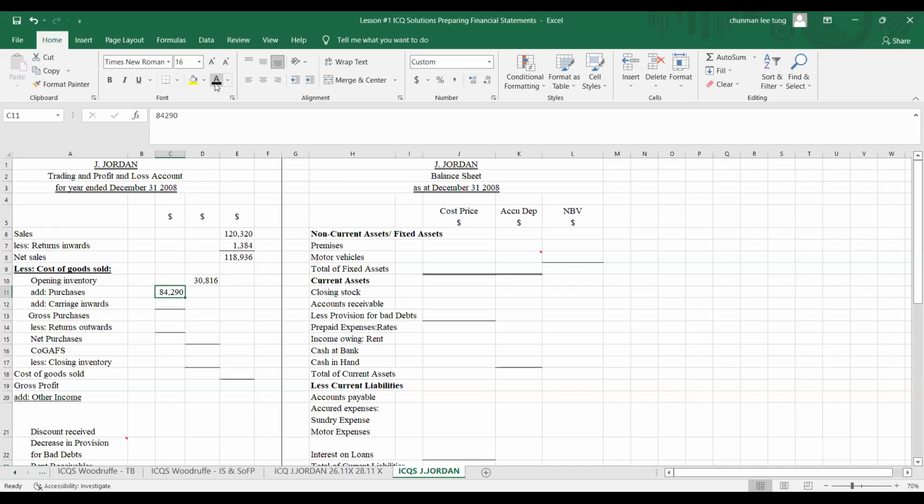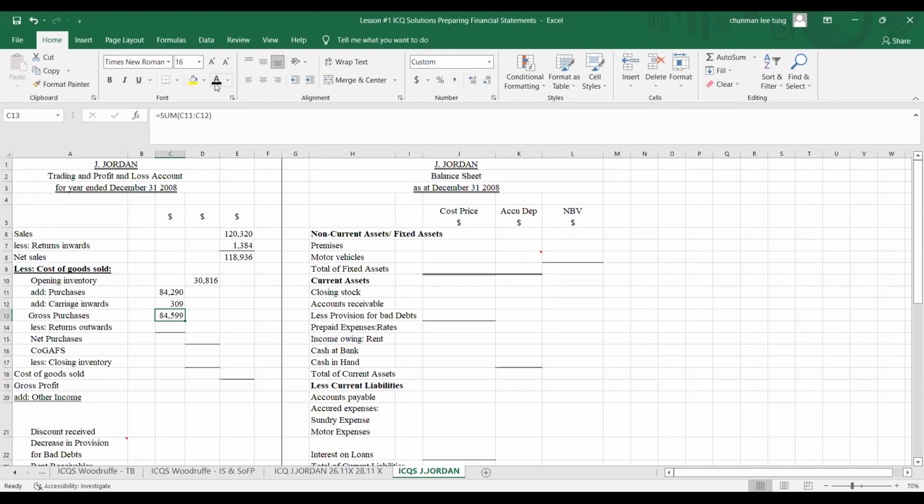Good. 309. And then we will add these two amounts to get our gross purchases of 84,599. Very good. So you all got some marks there already.